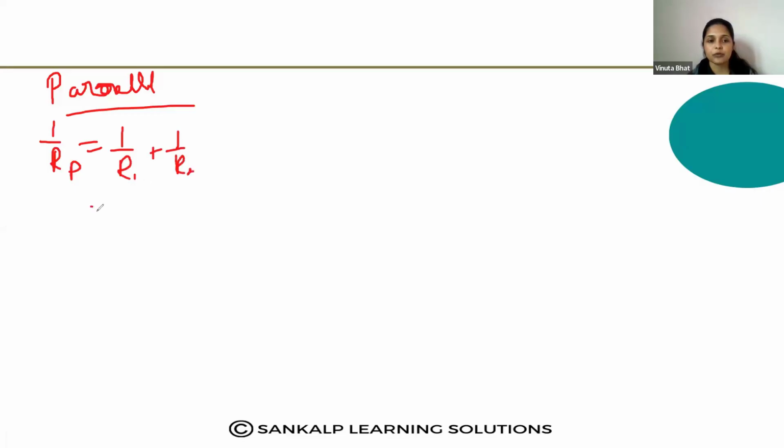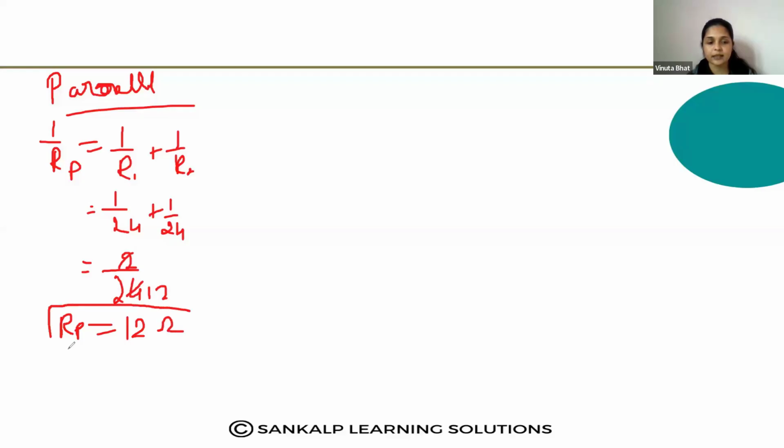So here 1 by 24 plus 1 by 24 is equal to 2 by 24, that is 1 by 12. Rp is equal to 12 ohm, right? That is the total resistance when they are connected in parallel.